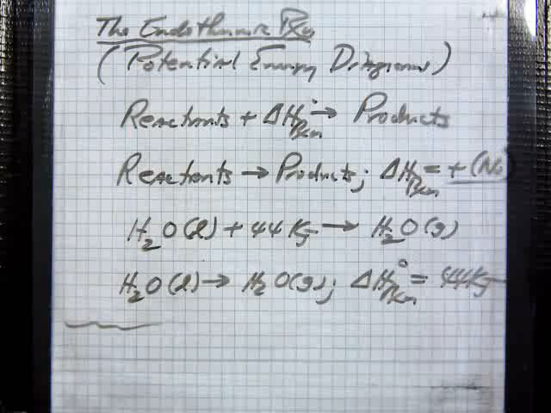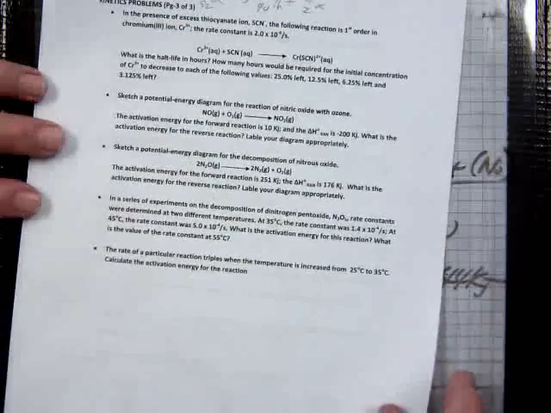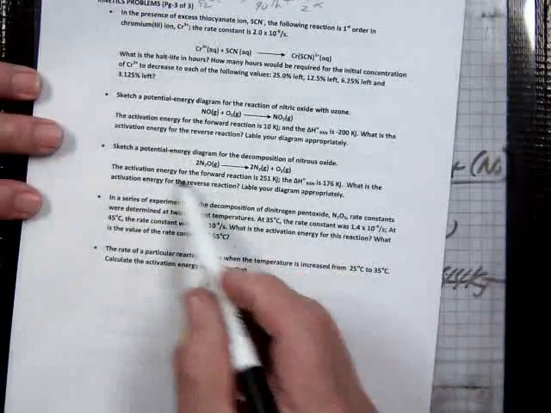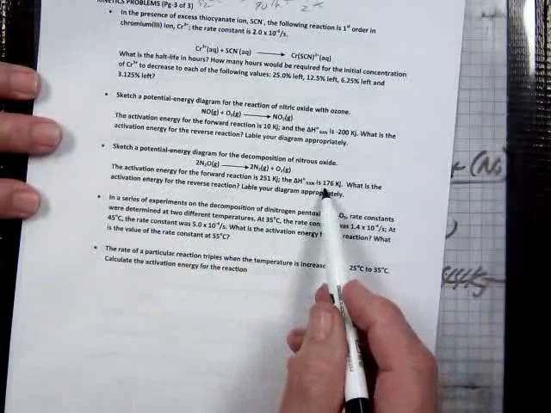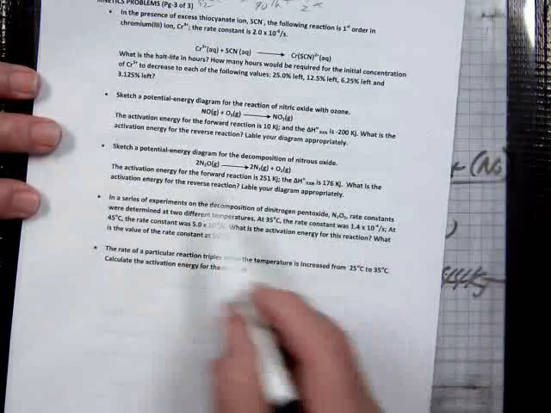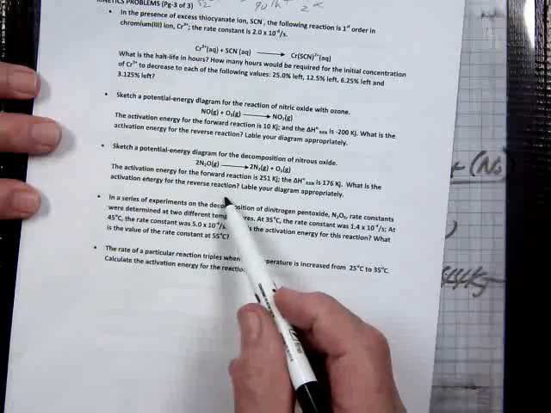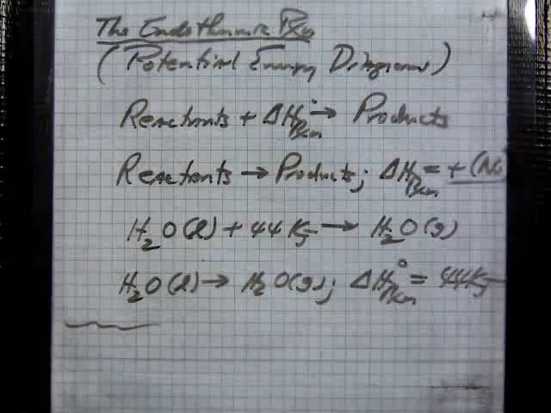So the example in our worksheet is sketch a potential energy diagram for this next reaction, and it's endothermic. As you look at the data, its forward reaction is 251 kilojoules, but it winds up at 176 kilojoules. What's the activation energy for the reverse reaction? And label appropriately.